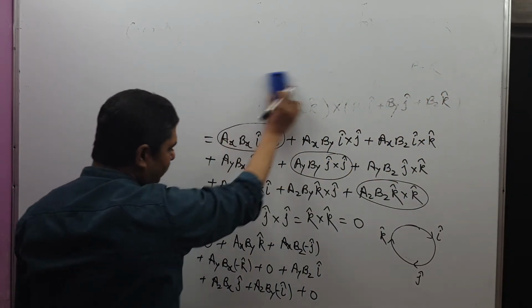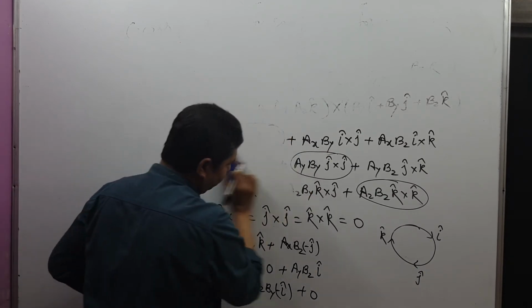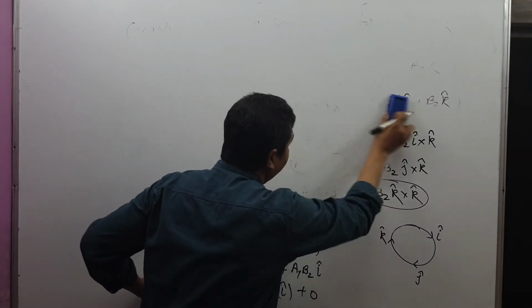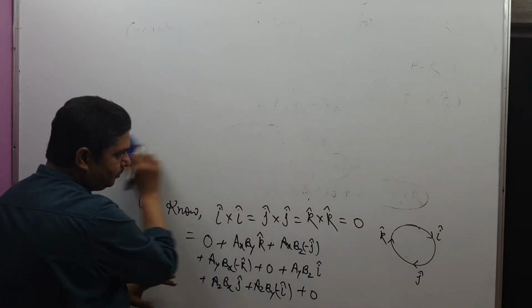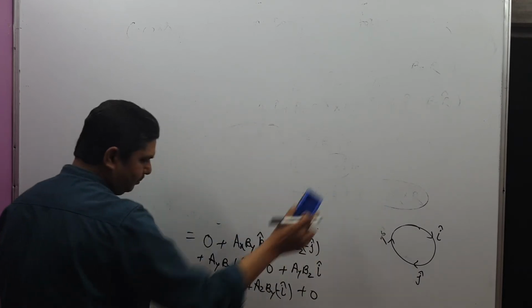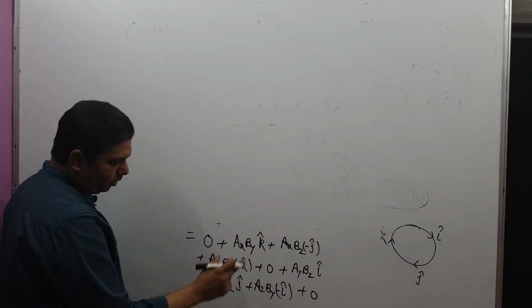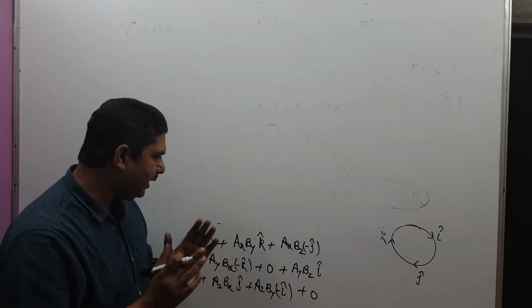Now, after writing these terms, we have to arrange them. How are we going to arrange it? Let us see this. For arranging, you use the first term. You have to see the first term i cap.